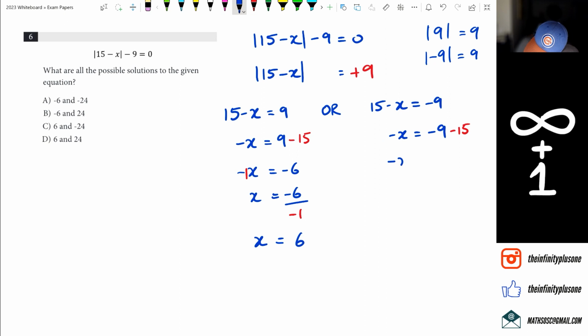Then negative x is equal to minus 24, and x is equal to minus 24 divided by negative 1, so x is equal to positive 24. So the two answers should be 6 and 24, which is option D.